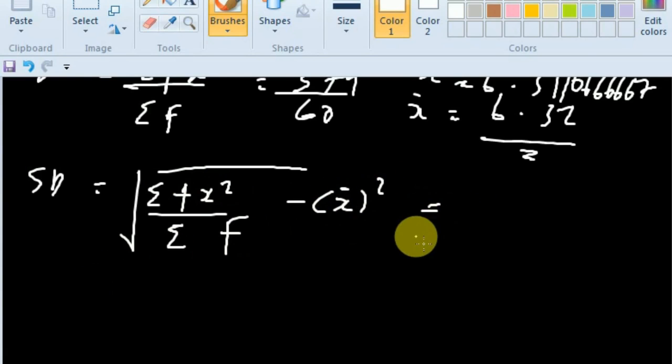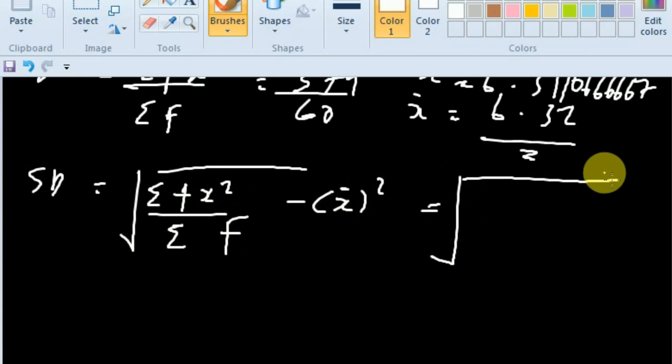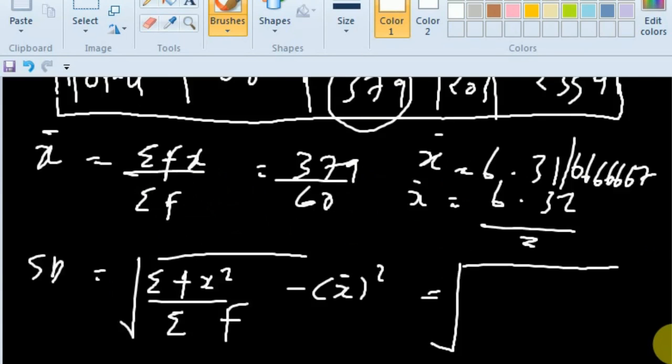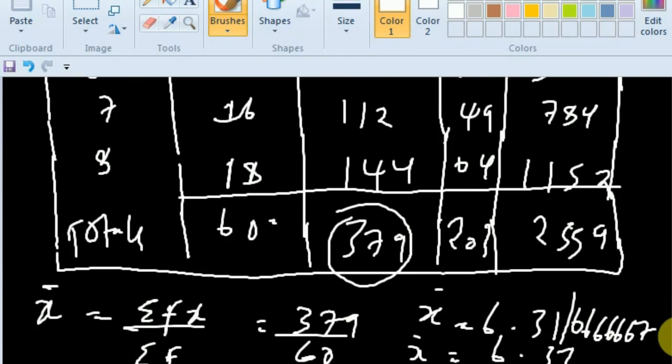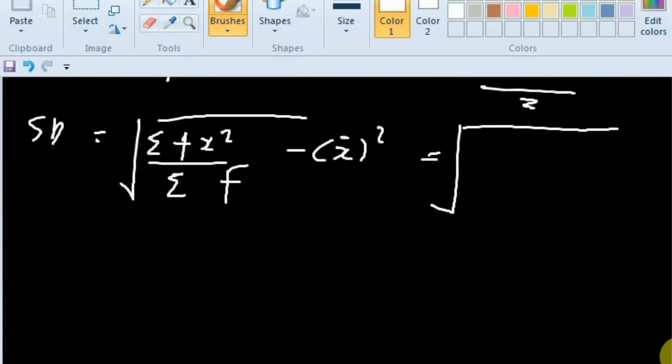And from that we can start replacing. We know that the summation of fx squared is this number, which is 2559. So we are going to replace that.